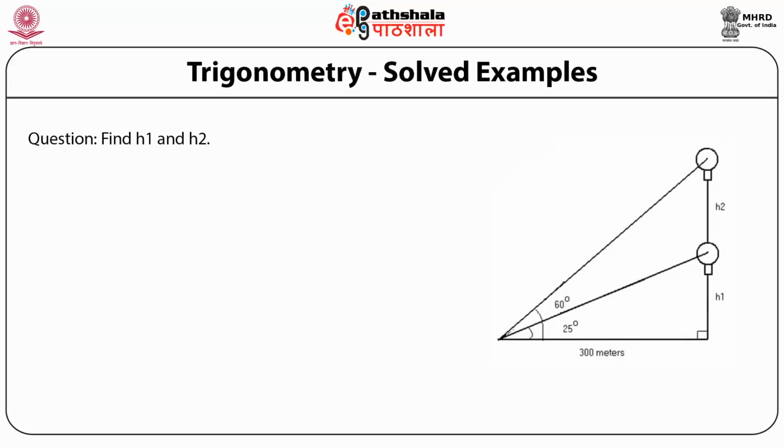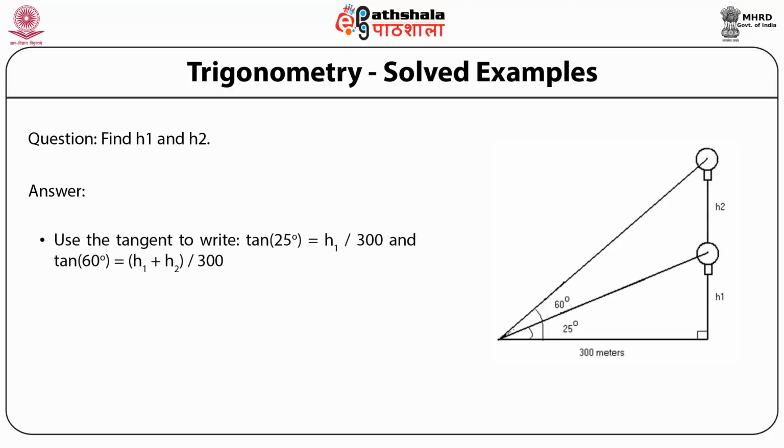Trying to find the heights h1 and h2. Given this figure on the right hand side, where the observer is standing at the origin, 300 meters from h1 and h2, and he can see the height h1 at an angle of 25 degrees, and the total h1 plus h2 at an angle of 60 degrees.